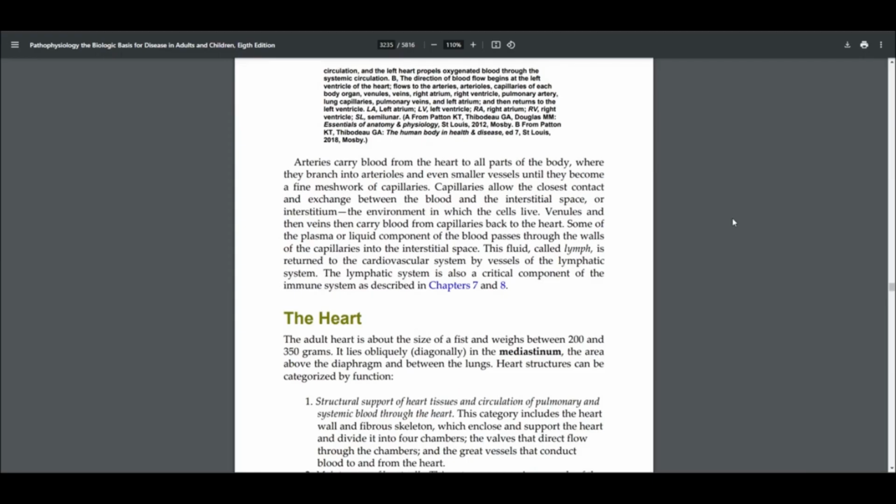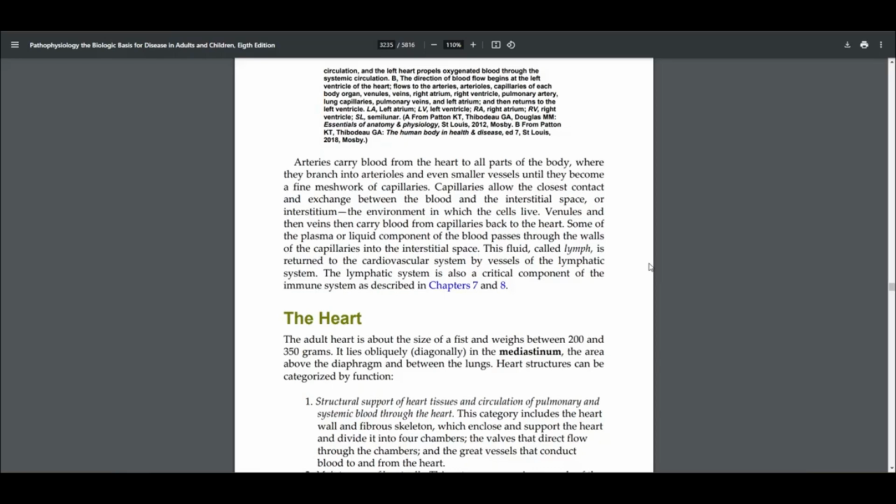So looking at it, arteries carry blood from the heart to all parts of the body, where they branch into arterioles and even smaller vessels until they become a fine meshwork of capillaries. Capillaries allow the closest contact and exchange between the blood and the interstitial space, or interstitium, the environment in which the cells live. Venules and then veins then carry the blood from capillaries back to the heart.